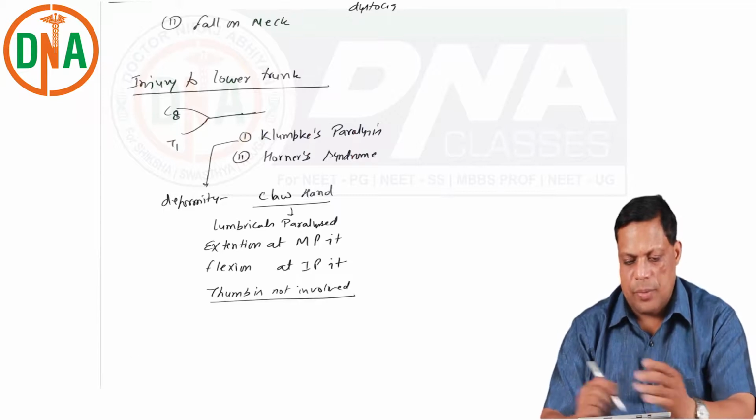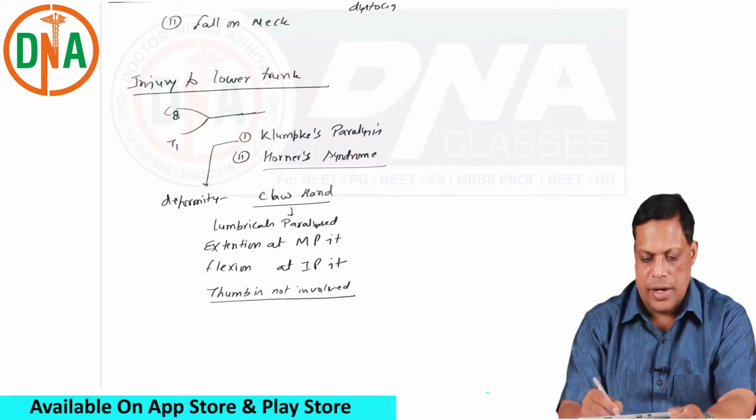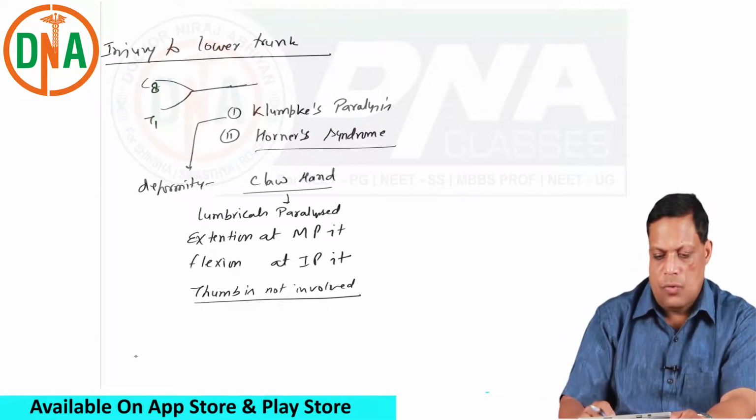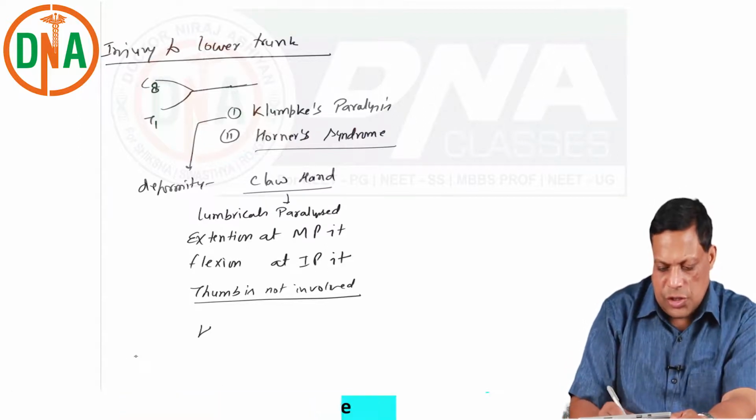Now the next deformity in injury to the lower trunk is Horner syndrome. So what are the other features of Horner syndrome?